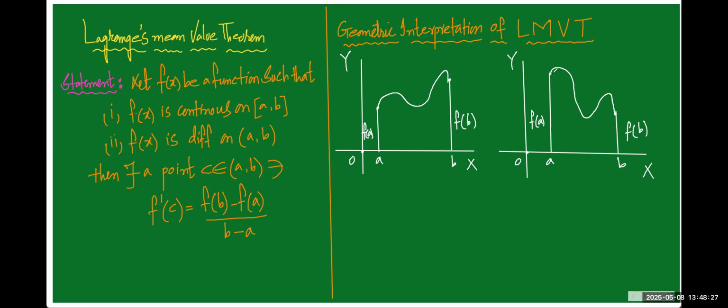So now, what happened to these points? This point is nothing but a comma f of a. This point is nothing but b comma f of b. Similar story here, a f of a, b f of b. So what to do here is we have to join these 2 points.